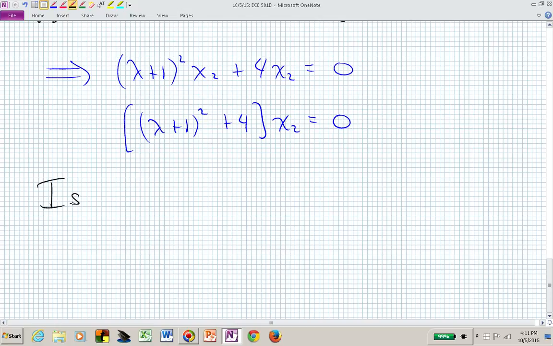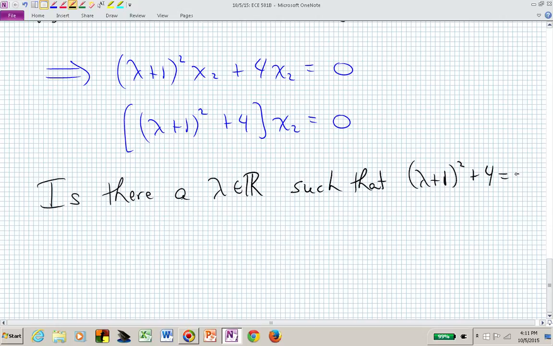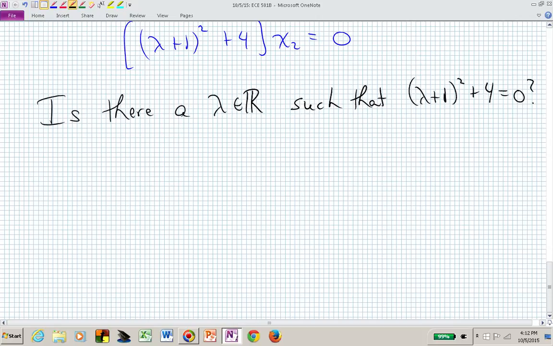We're now asking that question: is there a lambda that lives in the real numbers such that lambda plus 1 squared plus 4 is equal to 0? And that will allow us to satisfy that equation when x sub 2 is non-zero. Can you find a real number lambda that will make that equation happen?